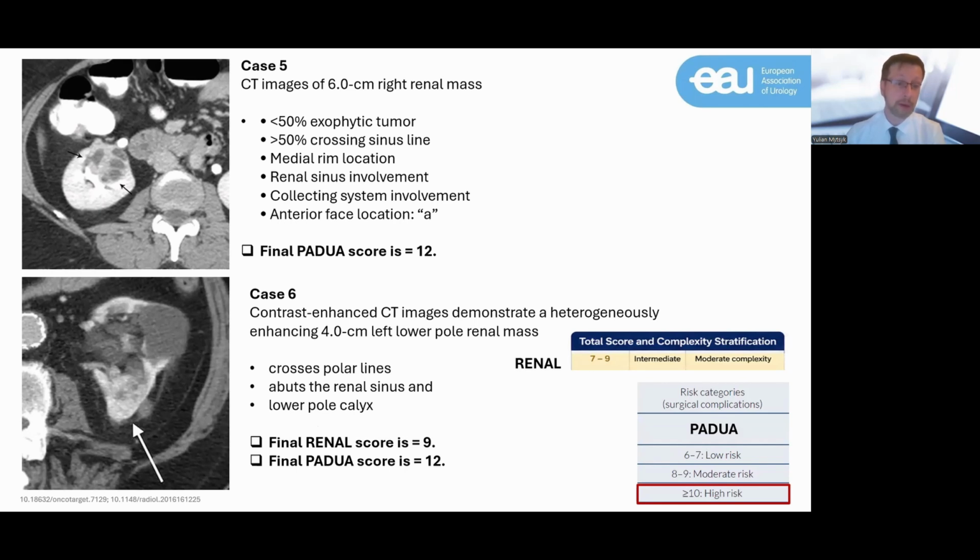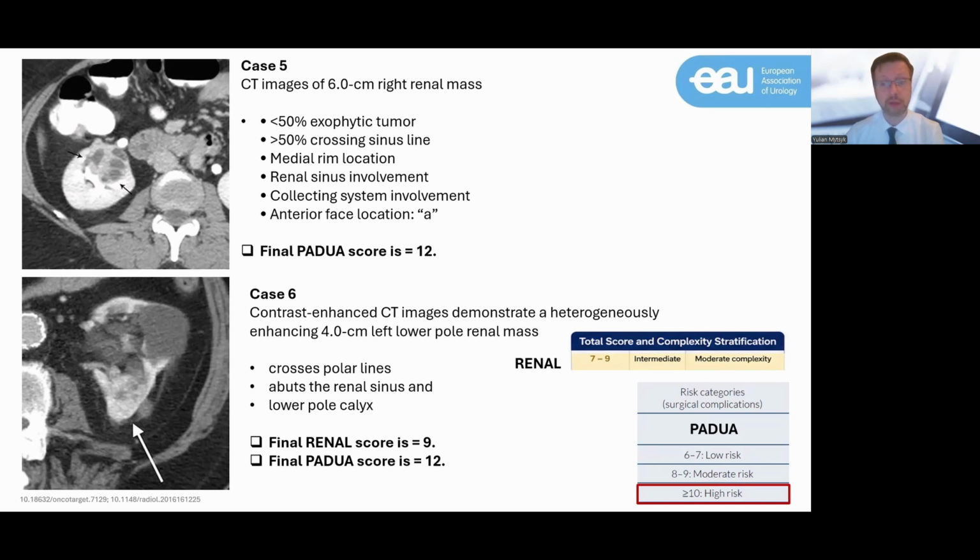According to the RENAL score, the final score was 9, and according to the PADUA, the final score was 12, which is, according to the RENAL score, intermediate surgical complexity, and according to the PADUA system, a high risk surgical complexity.